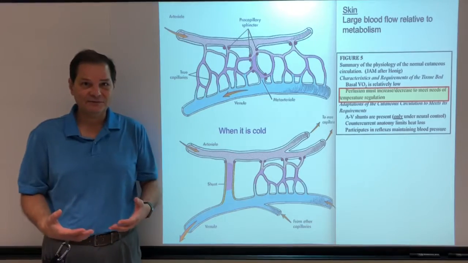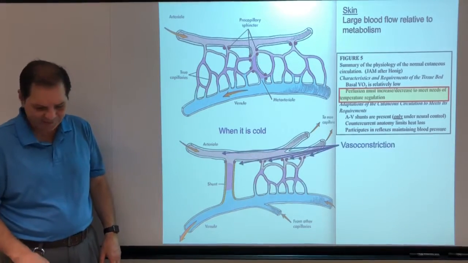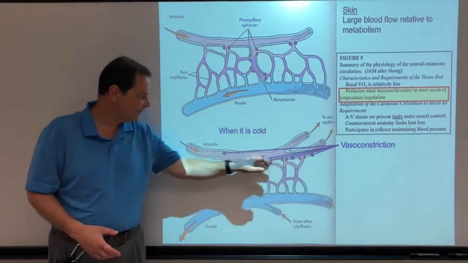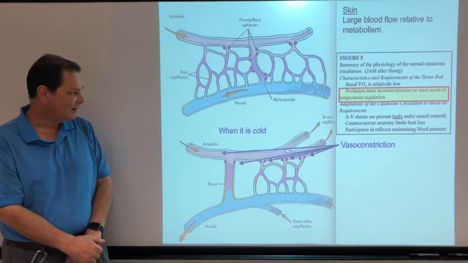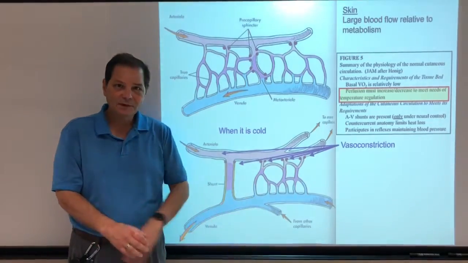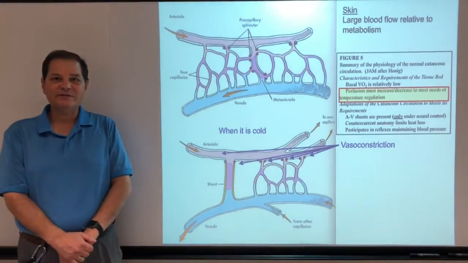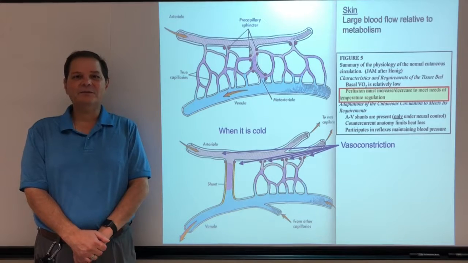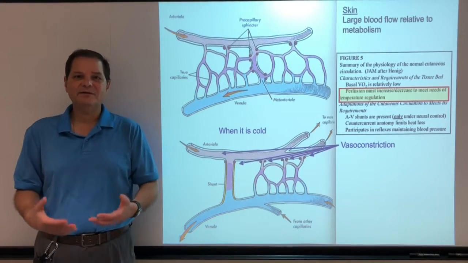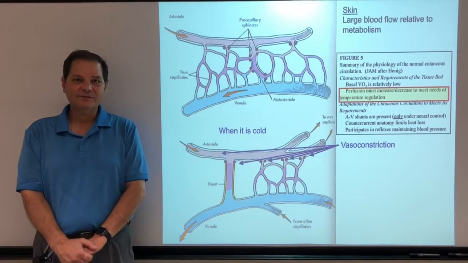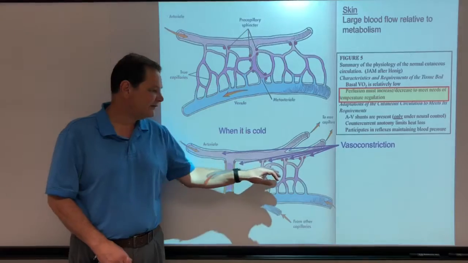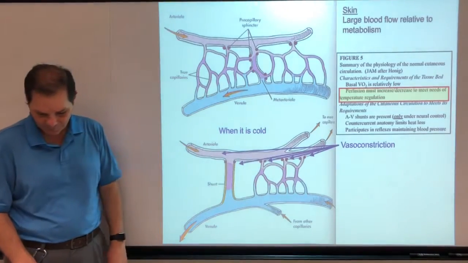You want to limit that flow. So what you get is vasoconstriction. When you vasoconstrict the capillary beds in the skin and restrict that flow, then that means there's less blood flow to the skin, less blood flow to the surface. And so you're exposing less blood to the surface of the body if you do that. So in response to cold weather, you get vasoconstriction in your skin, okay?